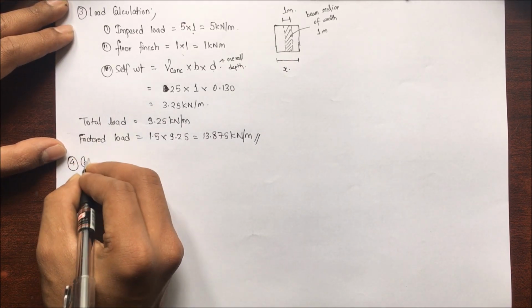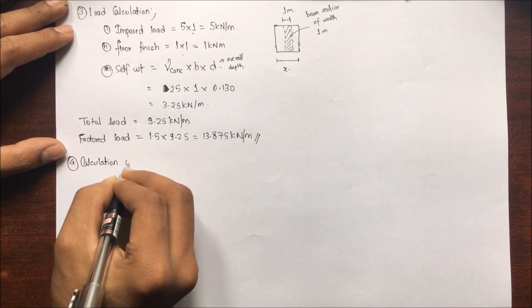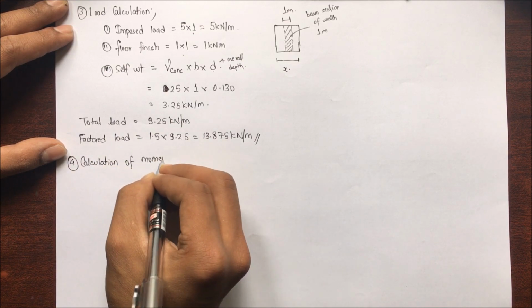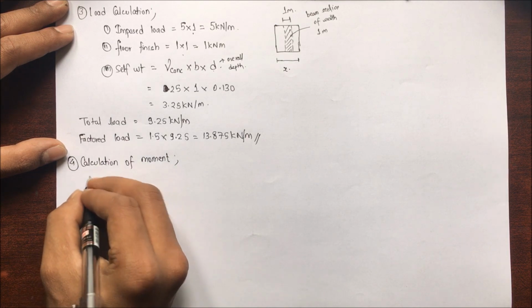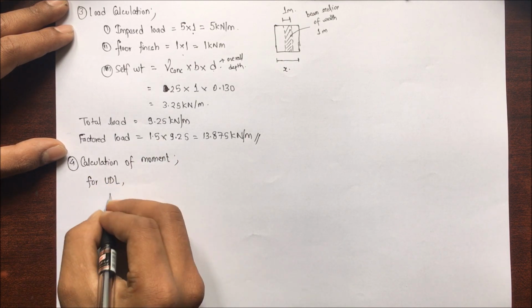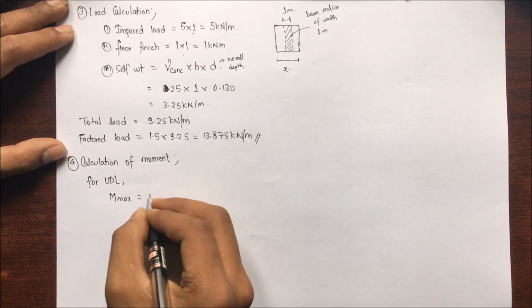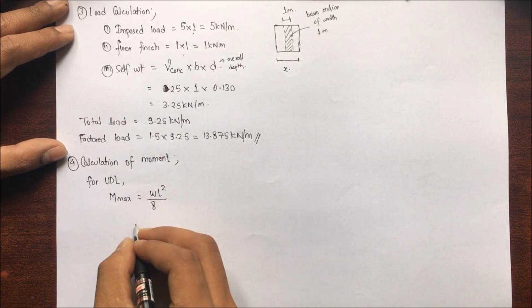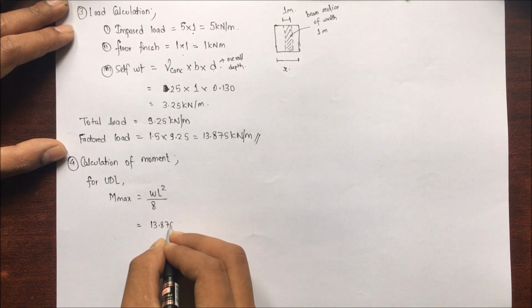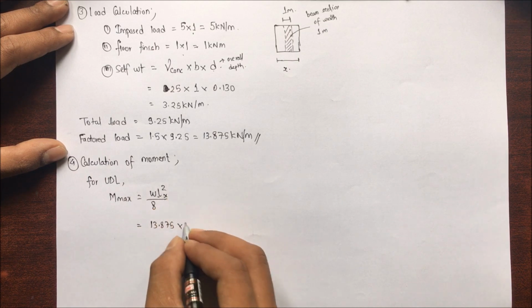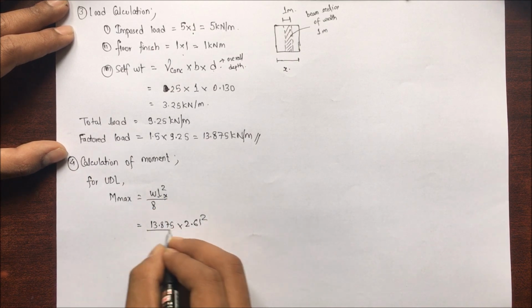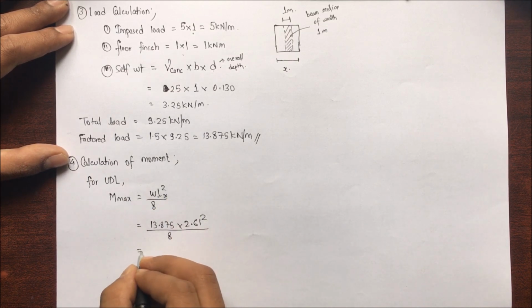Now calculating the moment from the load. For UDL, Mx is equal to WL square by 8, 13.875, that is the factored load, into length along the shorter side always, because the load is acting in the shorter side for the one way slab.